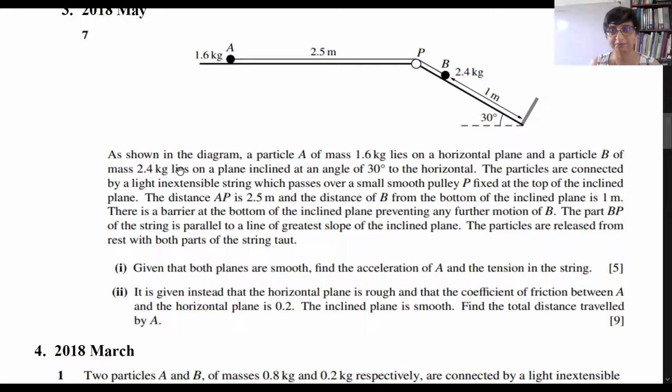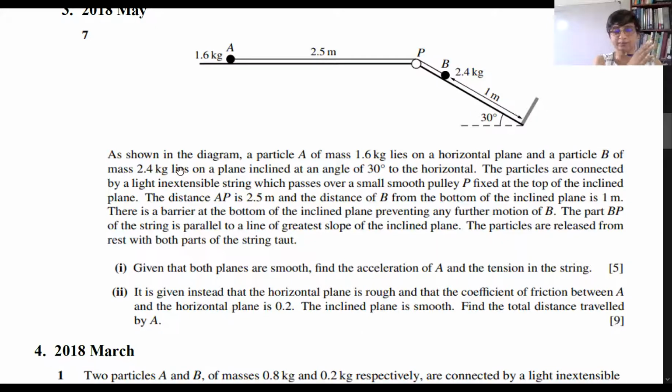Can we find the initial velocity? The initial velocity for that part of the motion would be the final velocity of the first part of the motion when the string is taut. Is that clear? So we have to begin from that part. The first thing is the identification that there are 2 separate parts of motion to this problem.